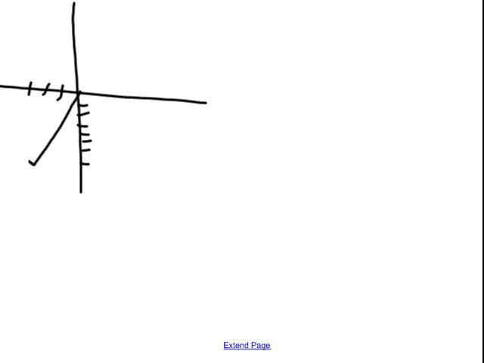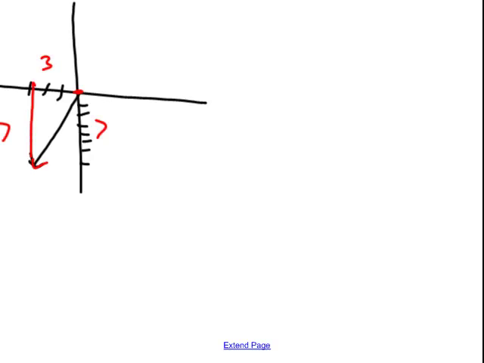Find the magnitude and direction for the vector -3, 7. The vector -3, 7 goes out 3 and down 7. The magnitude is just going to be the distance from the tail to the head. Well, this is 3 and this is 7.